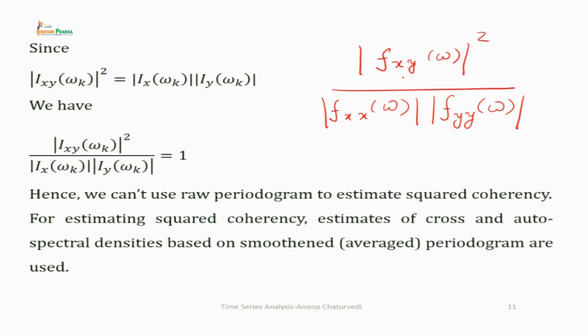Then you replace f_xy(omega_k) by its periodogram estimate I_xy(omega_k). Then you replace this f_xx(omega_k) by I_x(omega_k) and f_yy(omega_k) by I_y(omega_k) to obtain an estimate of squared coherency. This is the expression for squared coherency. Then you get 1.